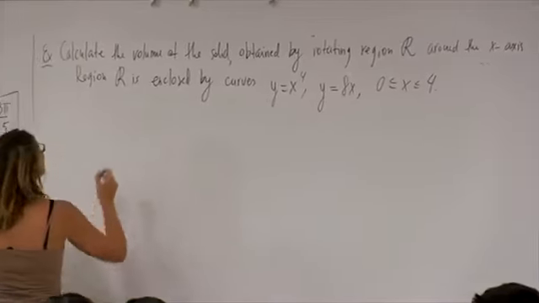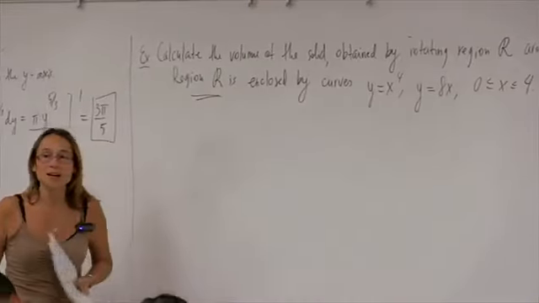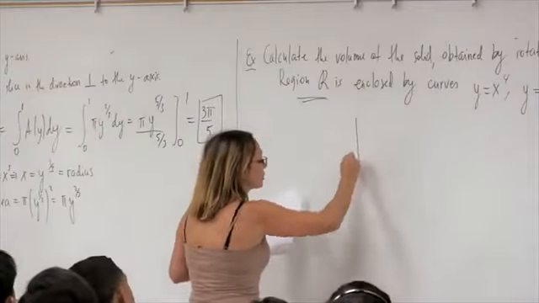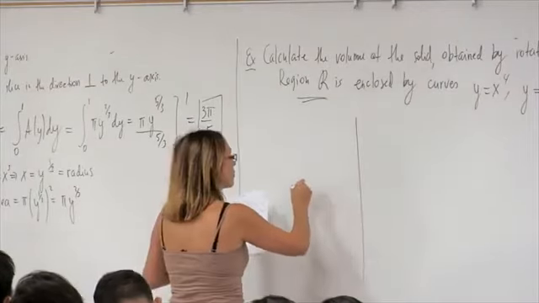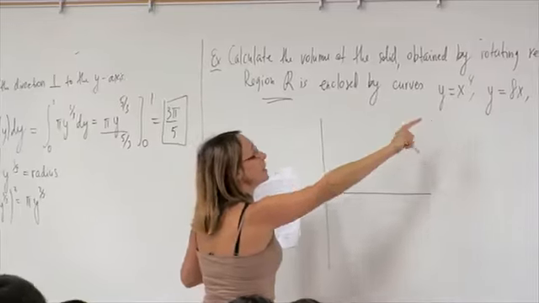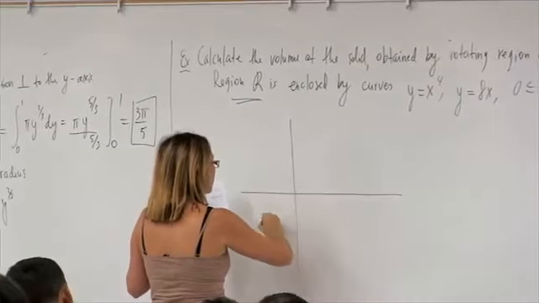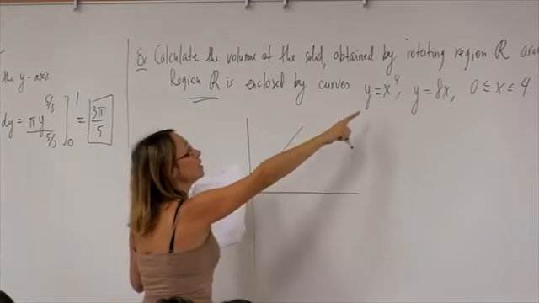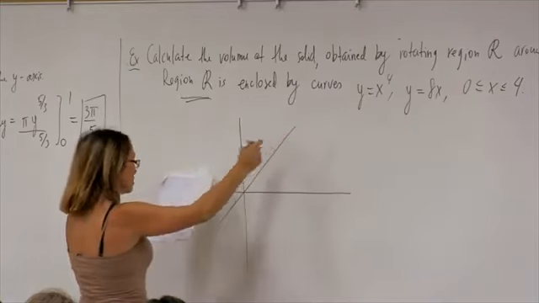So when they start talking about region R, this is what we draw first. One curve is a straight line, 8x, like this. And the other one is a parabola.